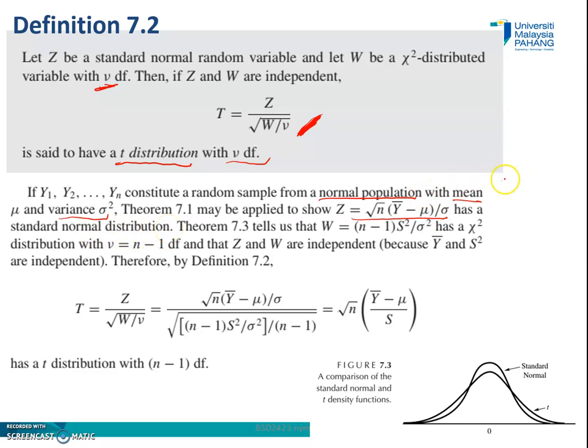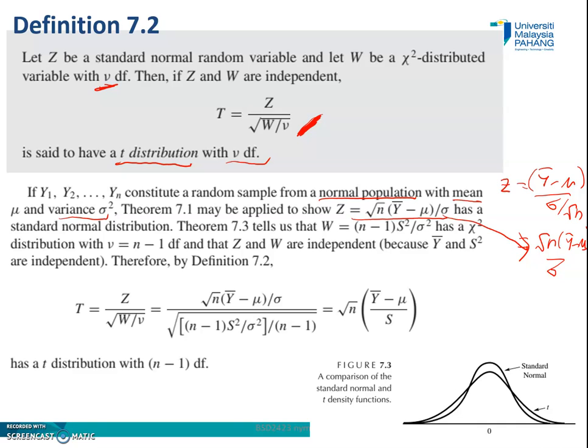So actually here z equals y bar minus mu over sigma over square root n, so this becomes square root n times y bar minus mu over sigma. That's why you have this z. In the previous video you saw that this is a standard normal distribution.